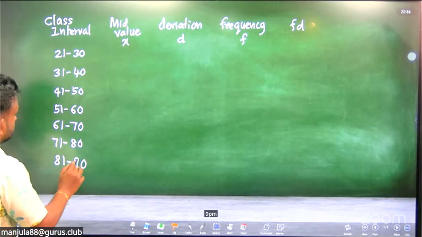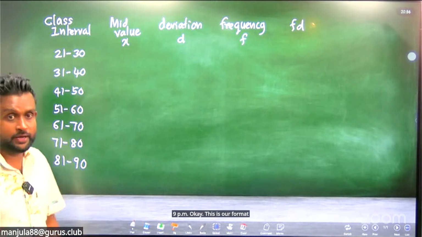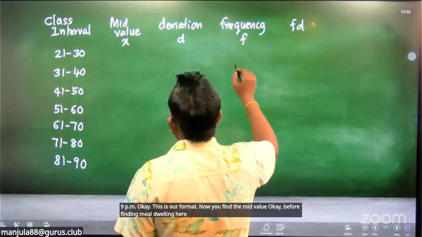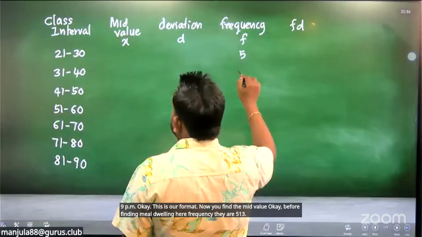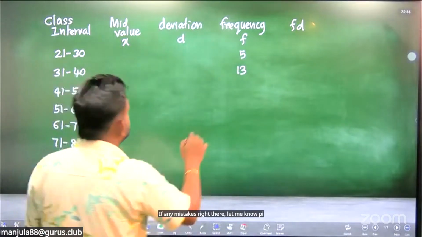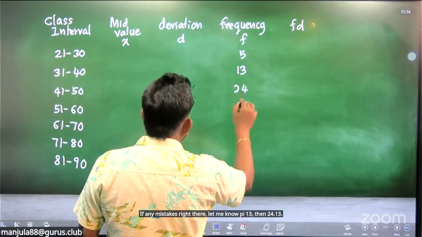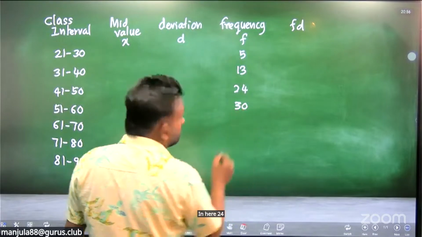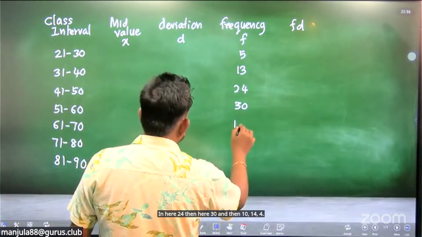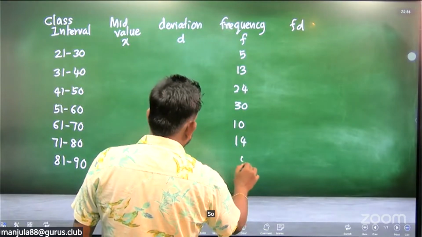Okay, this is our format. Before finding the mid value, here are the frequencies: 5, 13, 24, 30, and then 10, 14, 4. If there are any mistakes, let me know.